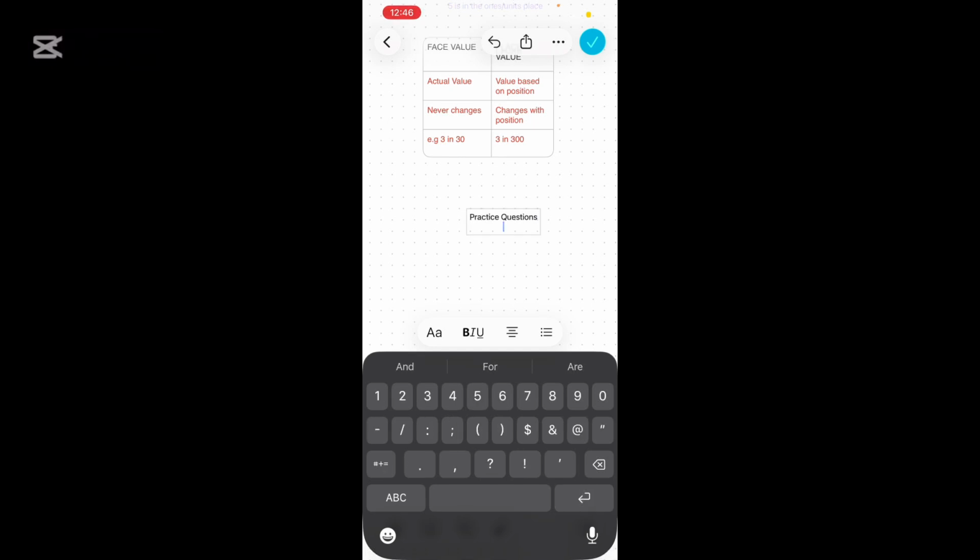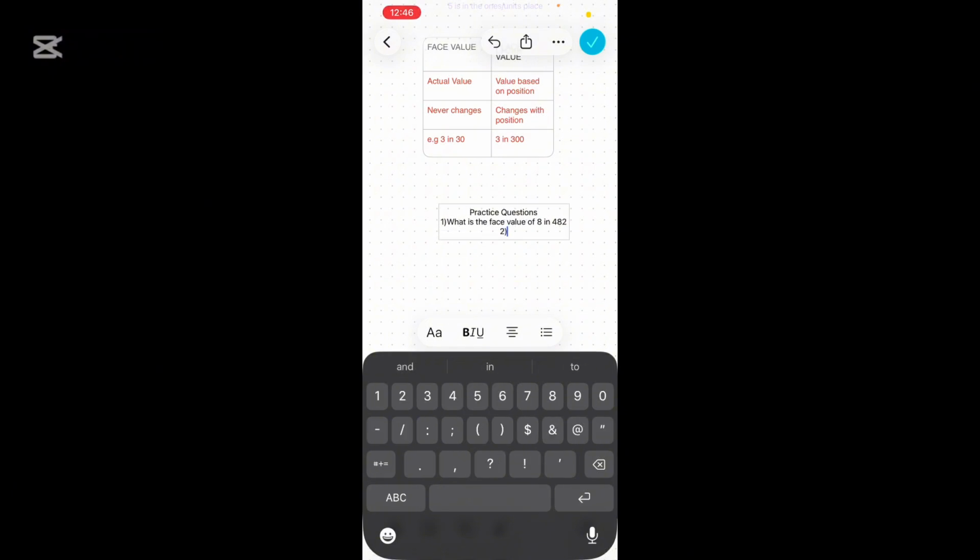Number 1, what is the face value of 8 in 482?